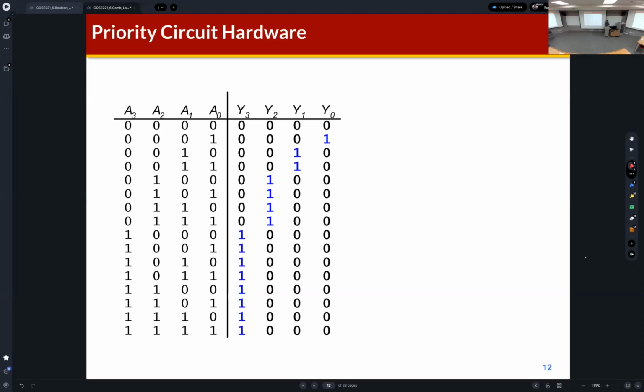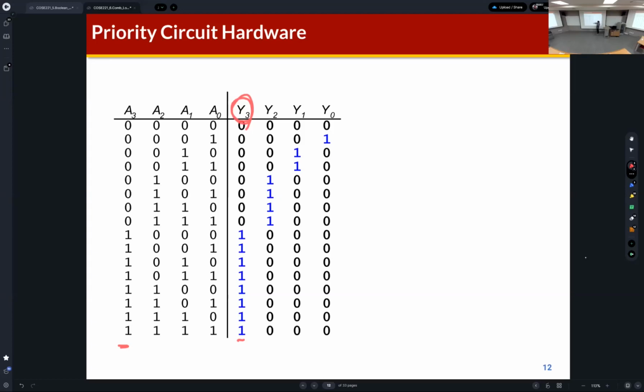How? Think like this. If we just focus on the output Y3, then the output Y3 is identical to the input A3, right? You can use brute force. It's the first method.